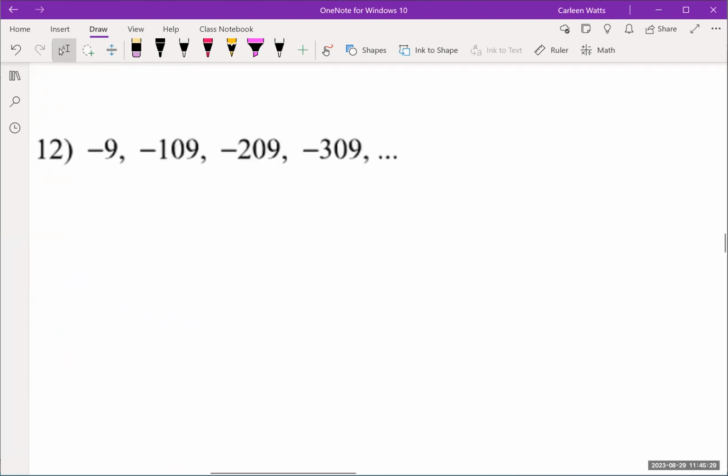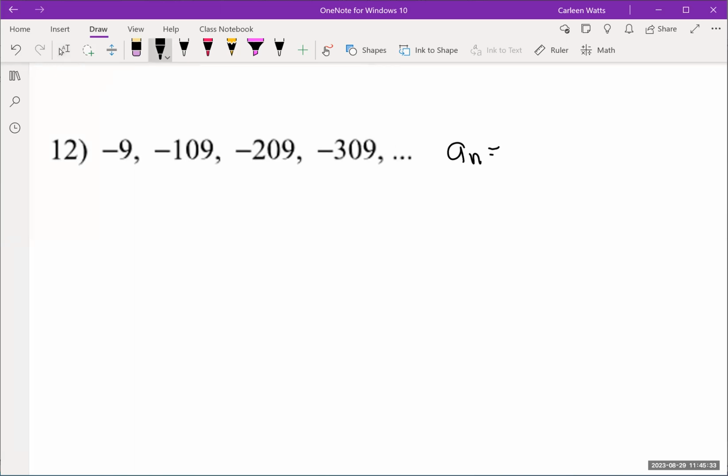Explicit formula. A sub n is equal to a sub 1 plus n minus 1 d. The n does not get plugged in. Okay, hold that thought.